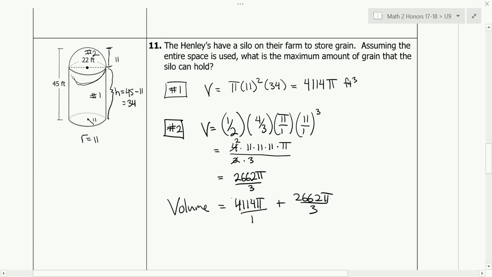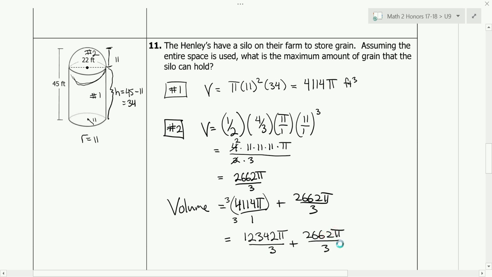I'm going to have to multiply the top and the bottom of this first fraction by 3. What's 4114 times 3? 12,342. 12342 pi over 3 plus 2662 pi over 3.